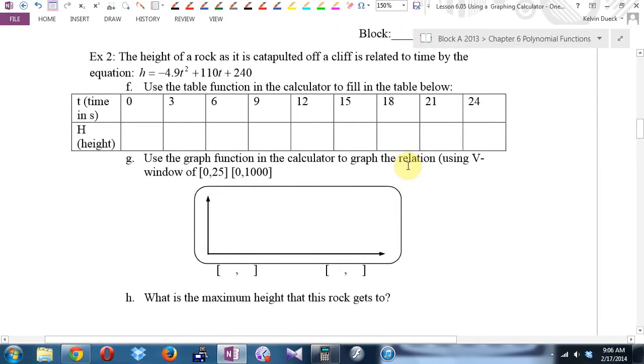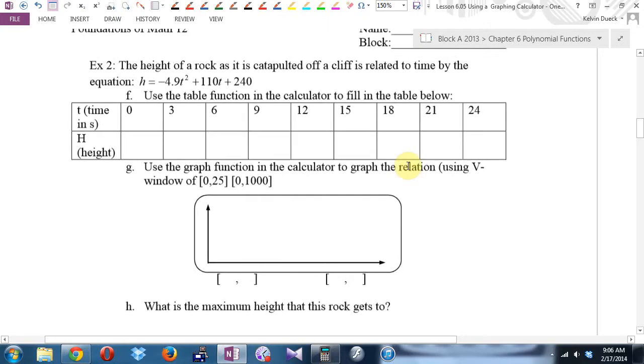Example 2. The height of a rock as it is catapulted off of a cliff is related to time by the equation h equals negative 4.9 t squared plus 110 t plus 240. This is going to be a curve. How can I tell just by glancing at this that it's going to be a curve? It's got squared.